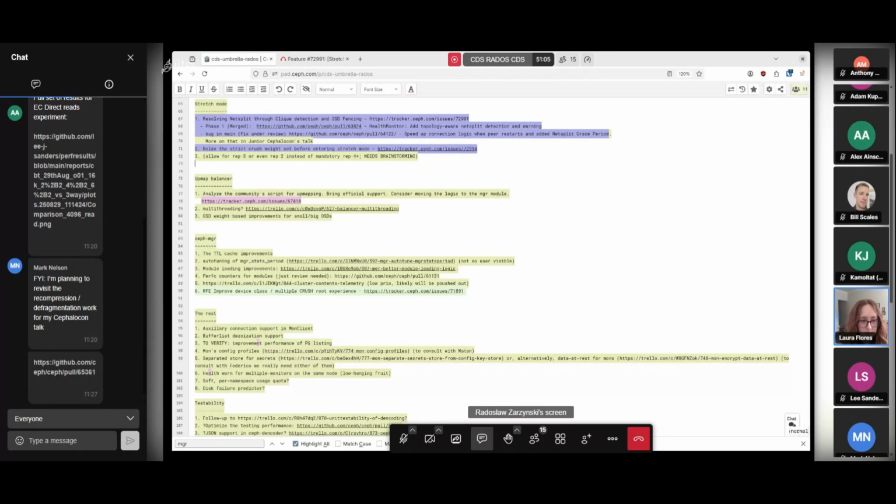The first one is written by Dan van der Ster, and the second is supported by DigitalOcean. Right now, these two scripts exist outside of the repository, and they're not officially supported by Ceph, even though a lot of people find them very useful. So there's been a lot of demand for having these scripts officially supported in our repository.